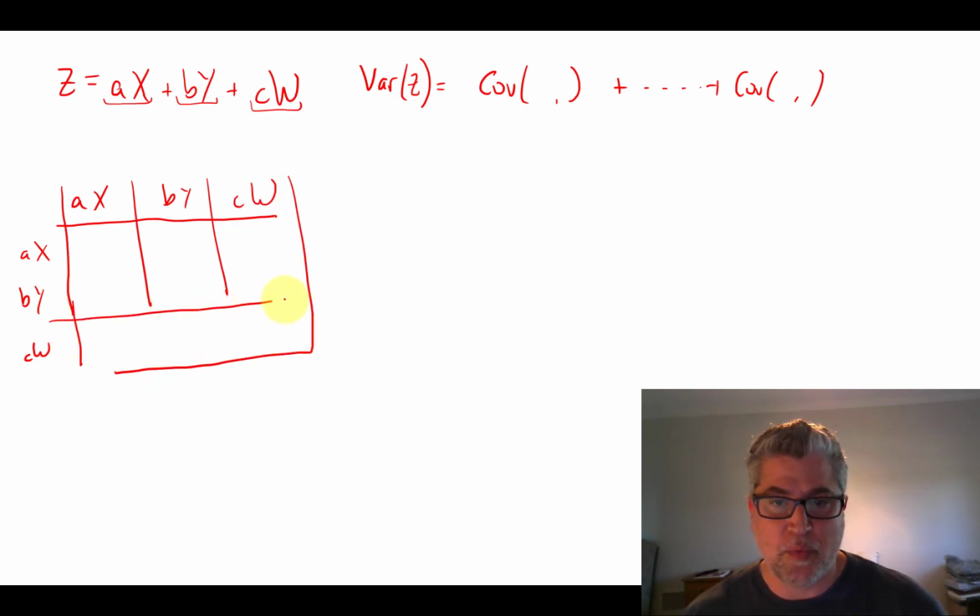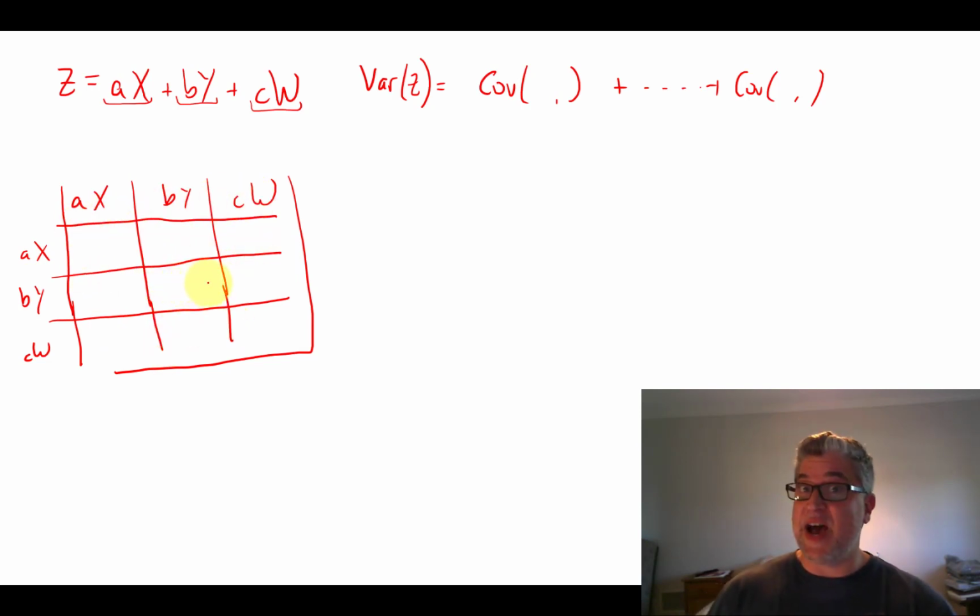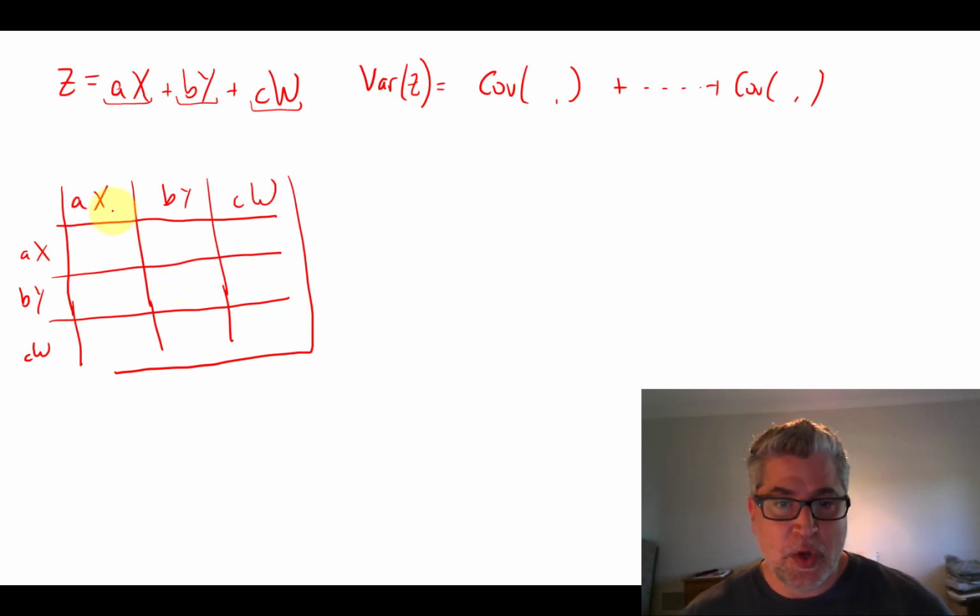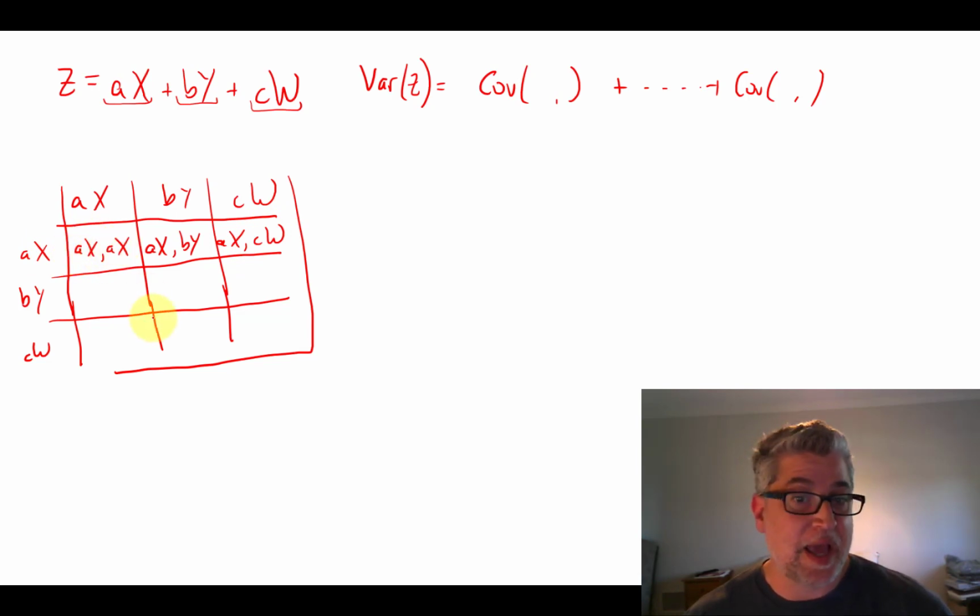Okay, so what are all the combinations of these? Well, we have 3 terms, so we should have 9 different combinations. We could have ax and by, we could have ax and cw, or we could have ax and ax.